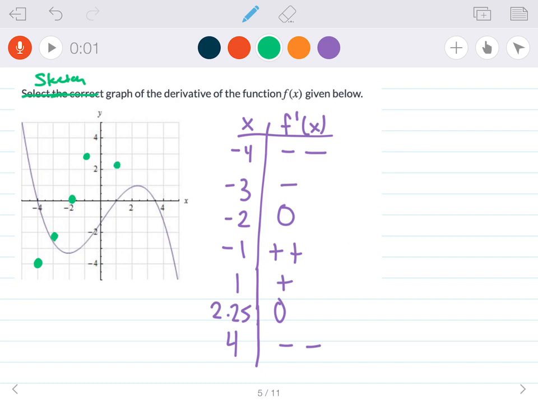At 2.25, it's going to be 0. And at 4, it's going to be negative again. So maybe something like this. It's not a great, beautiful work of art, but it'll do for our purposes. We're just estimating in this lesson.